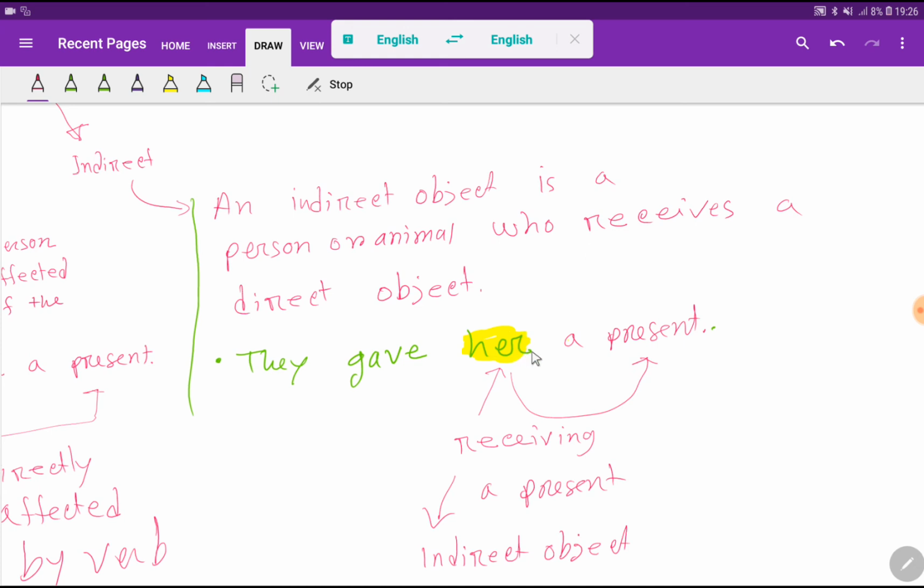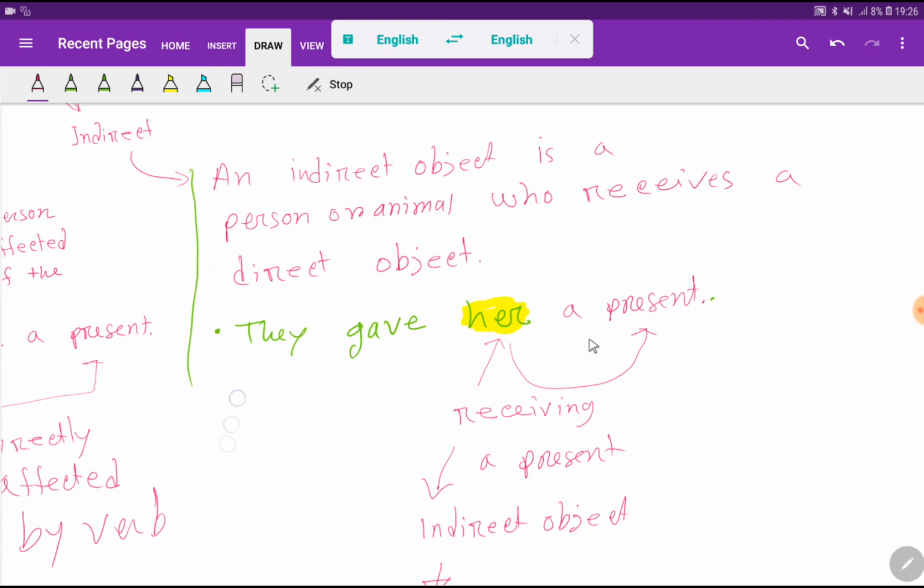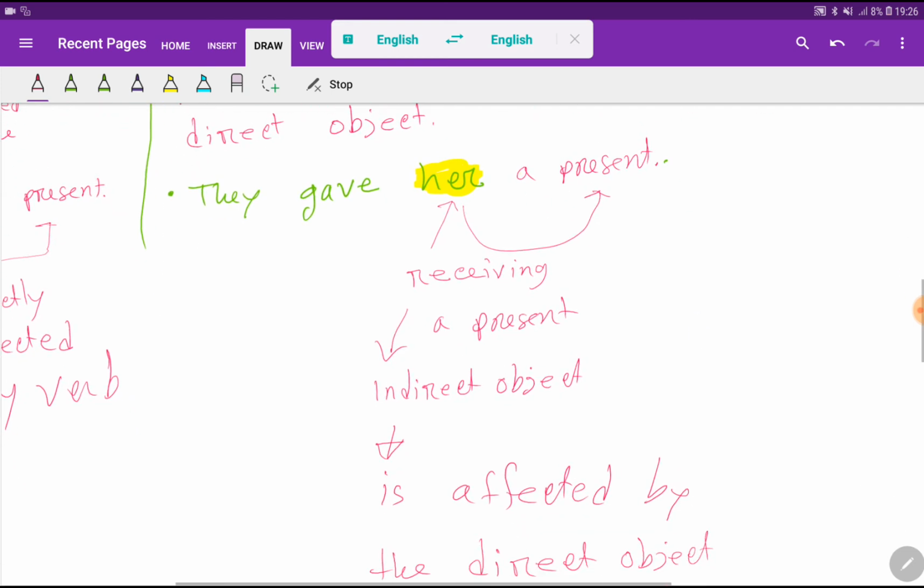Here her is receiving a present, right? That is why here her is an indirect object. After the verb you have to first put the indirect object, right? Subject, verb, indirect object, direct object, you have to bear in mind.